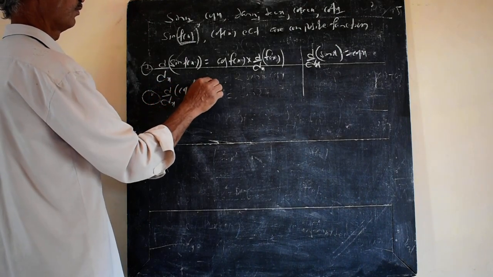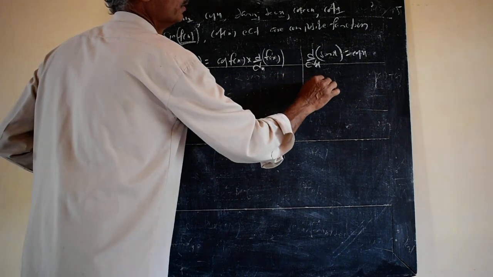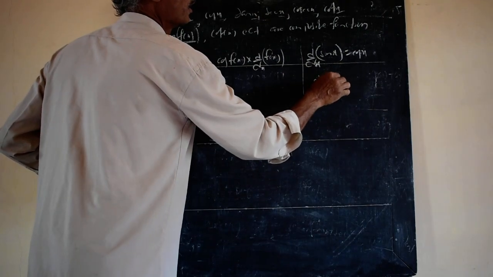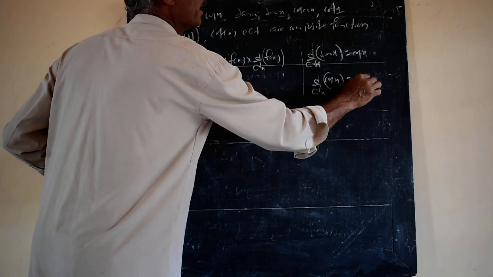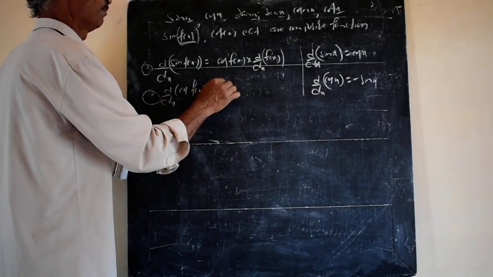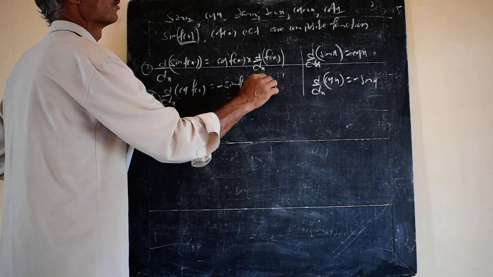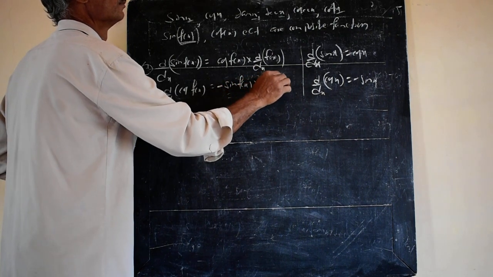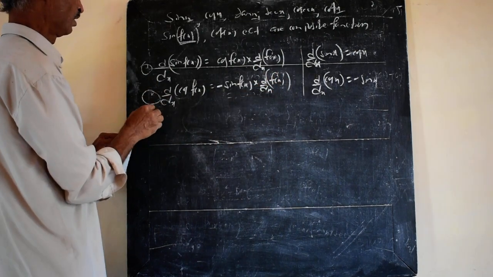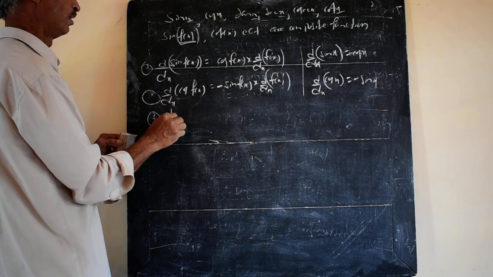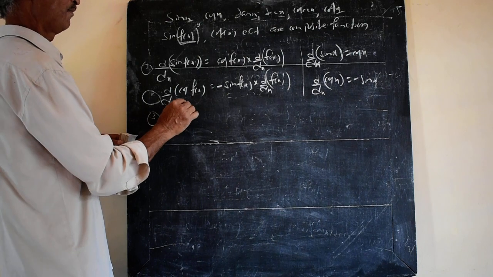Before that, I will write d by dx of cos x. What is the cos x differentiation? Minus sin x. Here also it is the same. It is minus sin f of x into d by dx of f of x. Third one, d by dx of tan f of x.